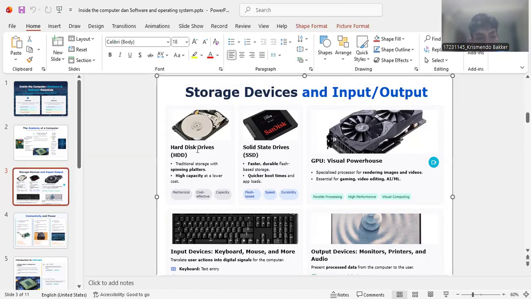The first is the hard disk drive. The hard disk drive is traditional storage with spinning platters, and it has high capacity at a lower cost.